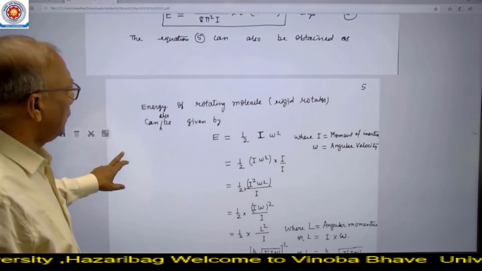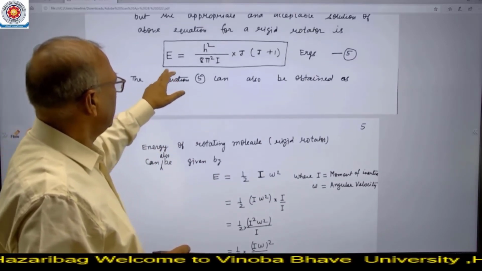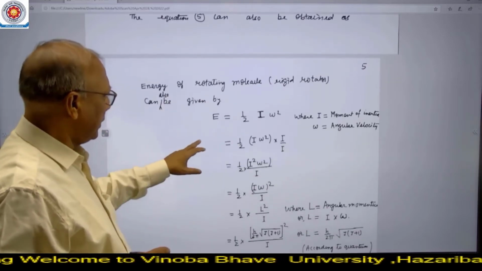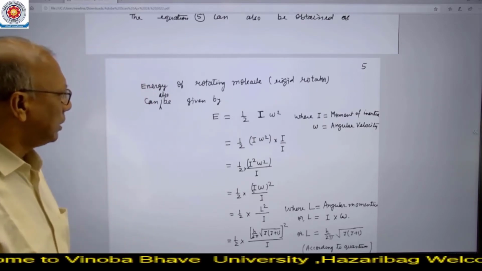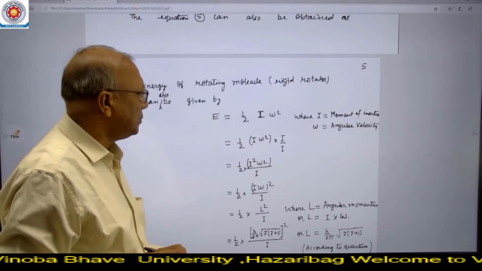Now, the energy of a rotating molecule, which has been calculated as equation 5, can also be obtained in another way, because we know that E is equal to half I omega square.